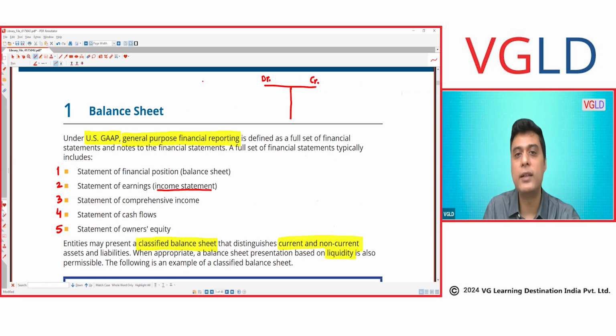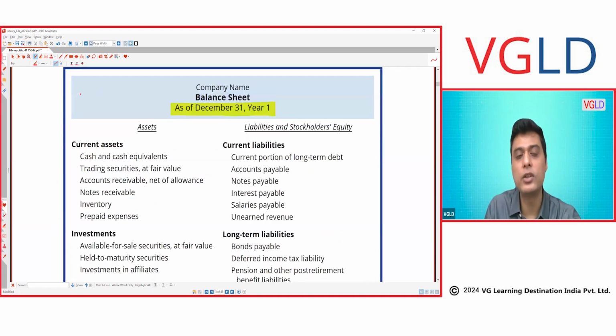Now, assets have a debit balance. Assets have a natural debit balance, isn't it? So, assets should be written on the left. And that is what they are doing. Obviously a balance sheet does not have a debit credit side as such, but if it was a T account, then the debit side would be this and the credit side would be this.